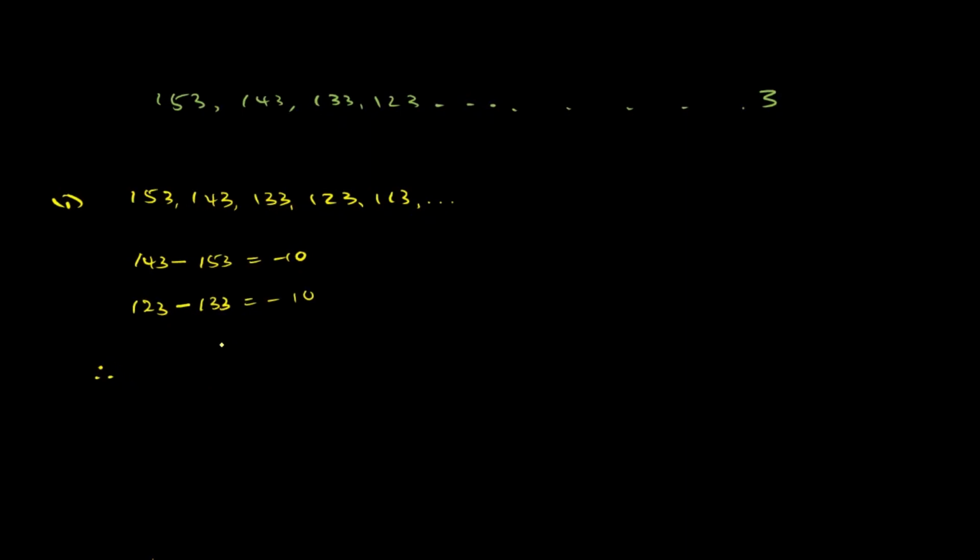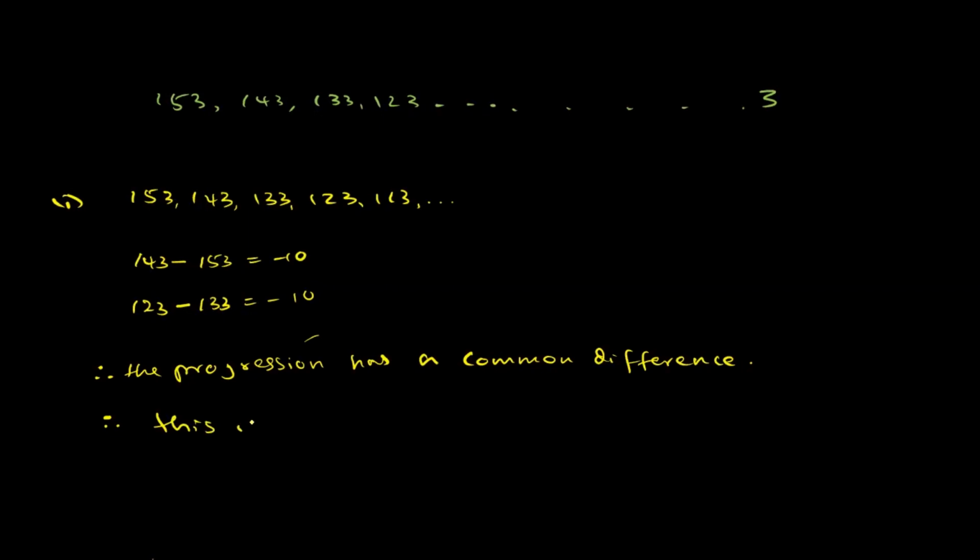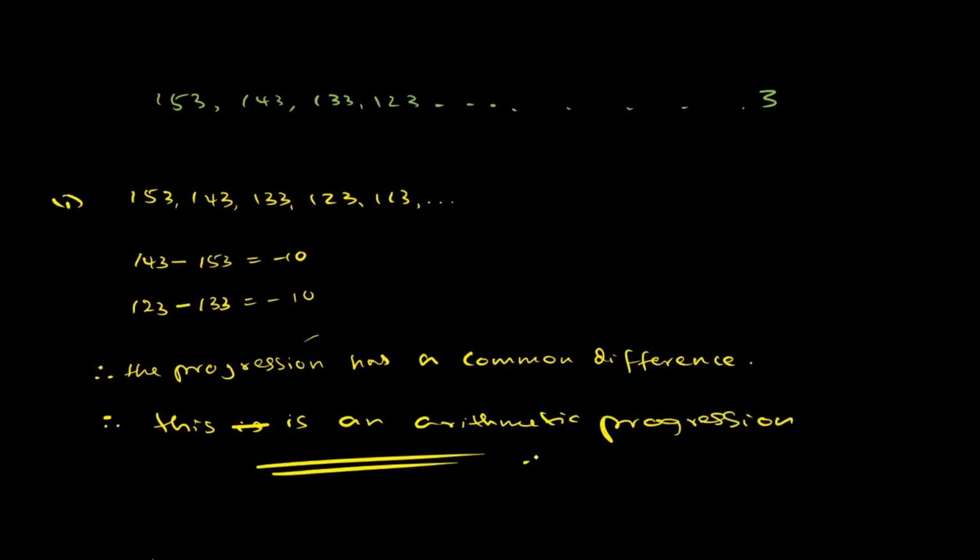Therefore, instead of the word therefore, you can use the three dots symbol: the progression has a common difference. Therefore, we can say this is an arithmetic progression. This is how you have to write the answer.